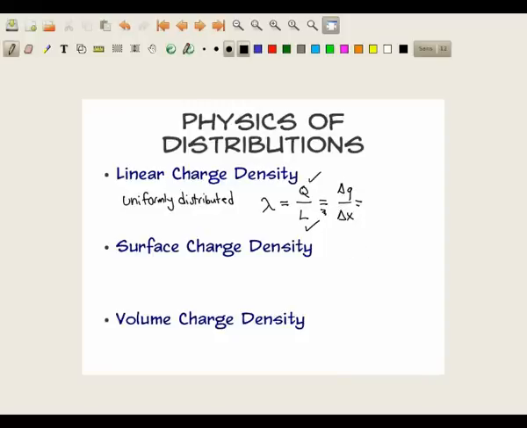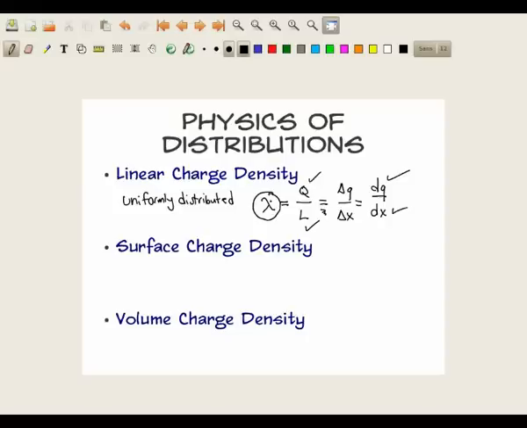Now, looking again at our tiniest little point charge, dq, our infinitesimal point charge, which takes up an infinitesimal piece of length of the whole line, dx. Again, if this is a uniformly distributed line of charge, then dq over dx should also be equal to lambda.